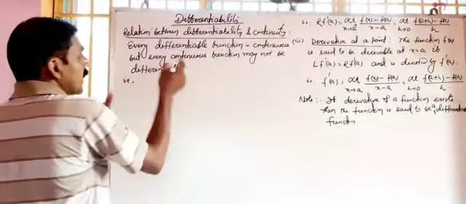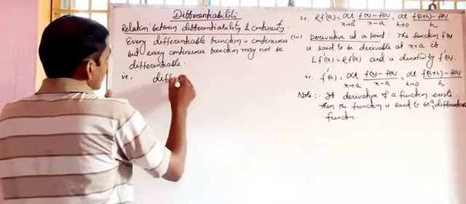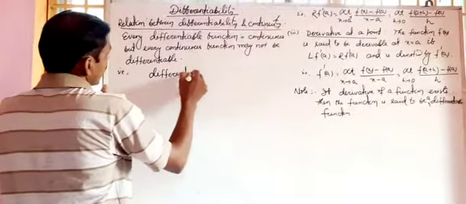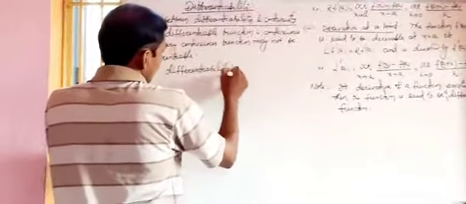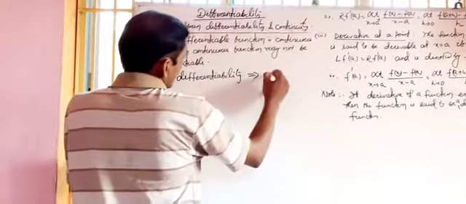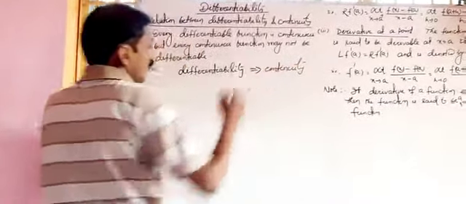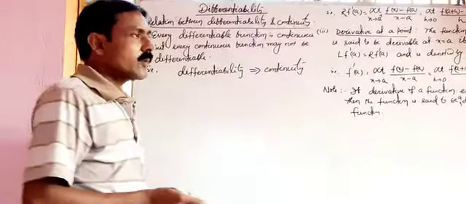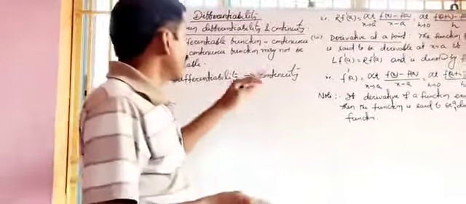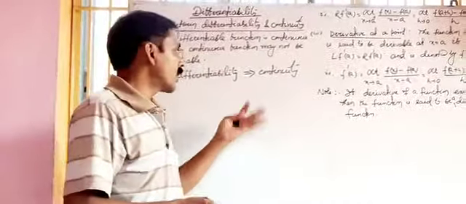If we write it in shortcut form, differentiability implies continuity. Means if our function is differentiable, then automatically it will be continuous. But if a function is continuous, then it may be differentiable, it may not be differentiable.